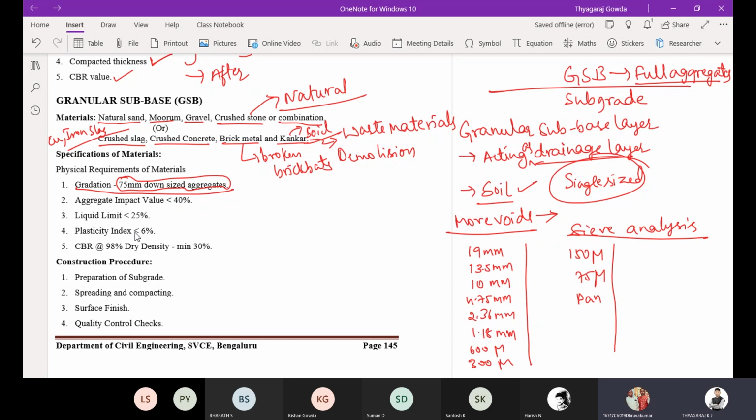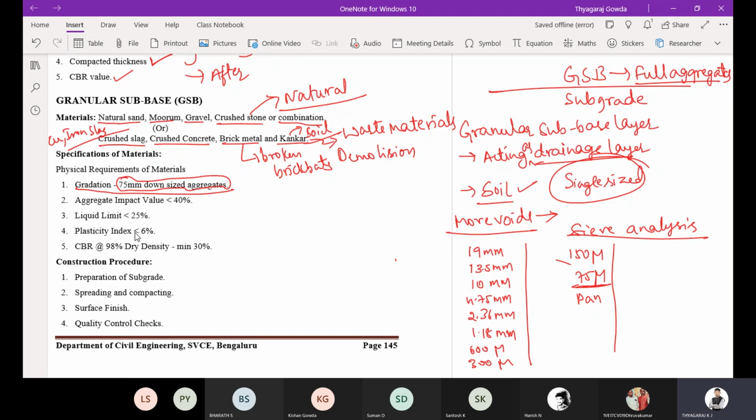Any idea what you mean by 75 mm and downsized aggregates? No, that is 75 micron. I am telling mm. It is micron, that is dust.